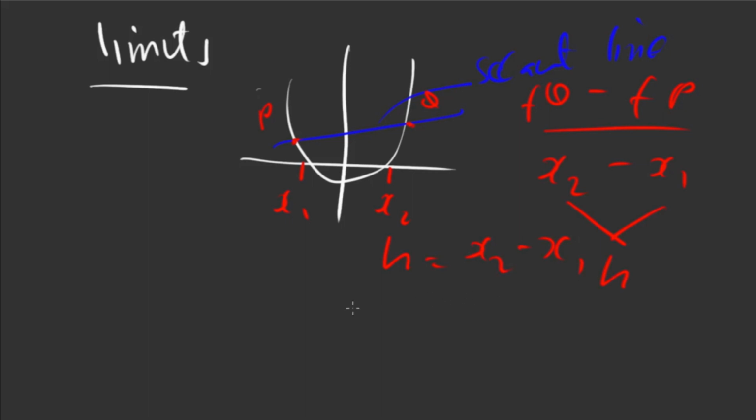By making h close to 0, meaning we are narrowing the distance, you are bringing point Q to P. So in the end you have a line like this, and we said this line is the tangent line.